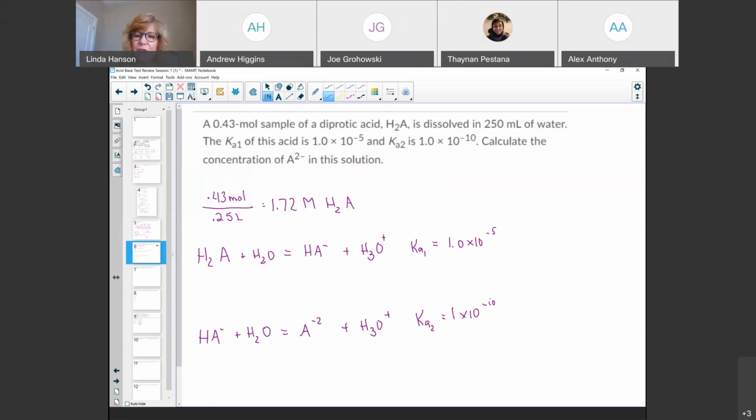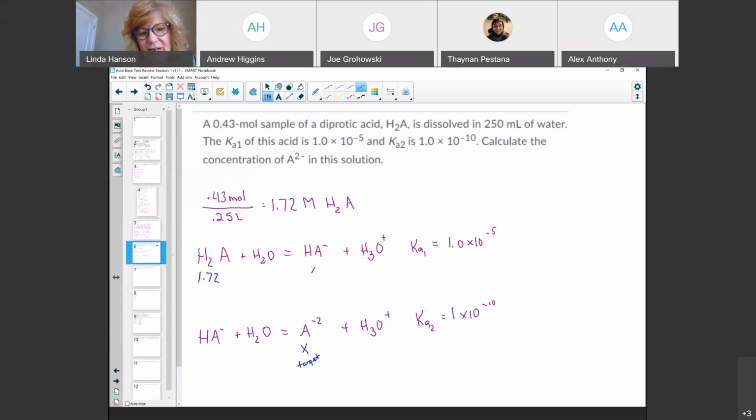It asks us ultimately to calculate the concentration of A-2. So I'm just putting this as my ultimate target right here. What is this concentration? From the information, we were given H2A's concentration of 1.72.